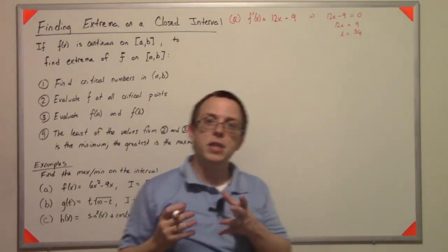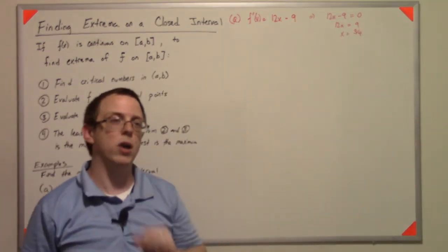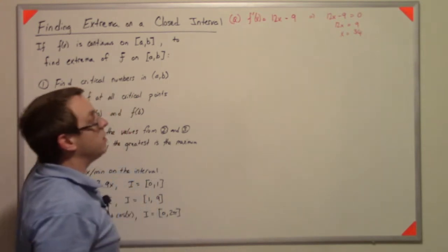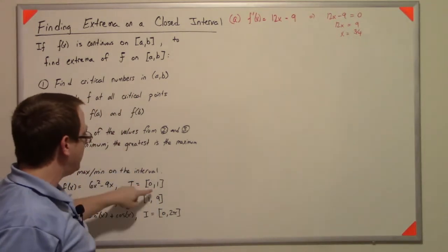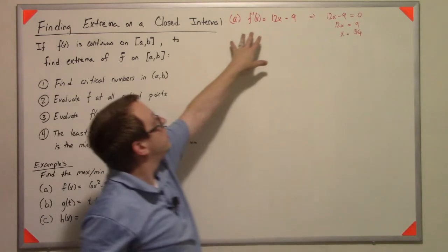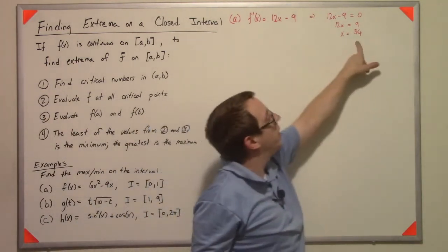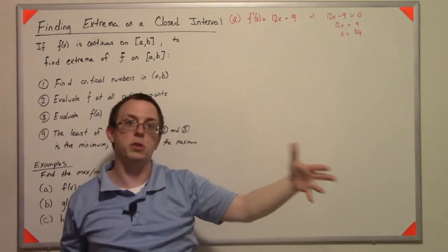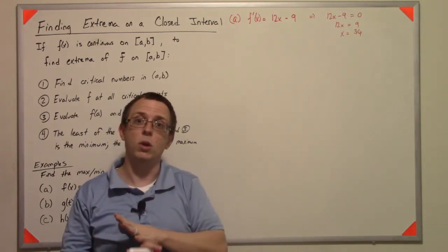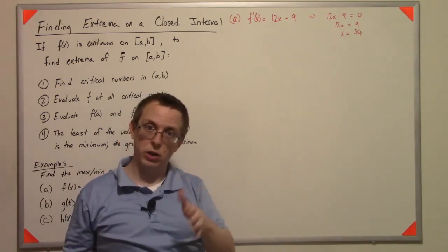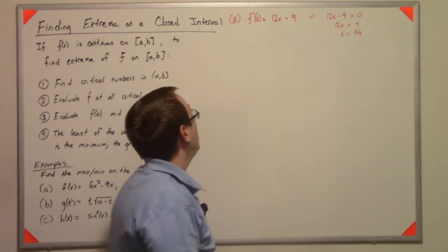So x equals 3/4 is my only critical number, and it's inside the interval, right? This derivative could have had x equal to something like 10/5, but that's not in the interval, so we wouldn't have considered it. So that's step 1.